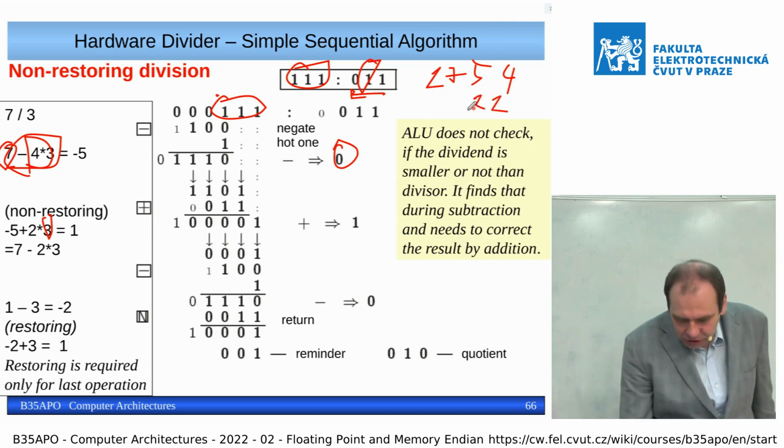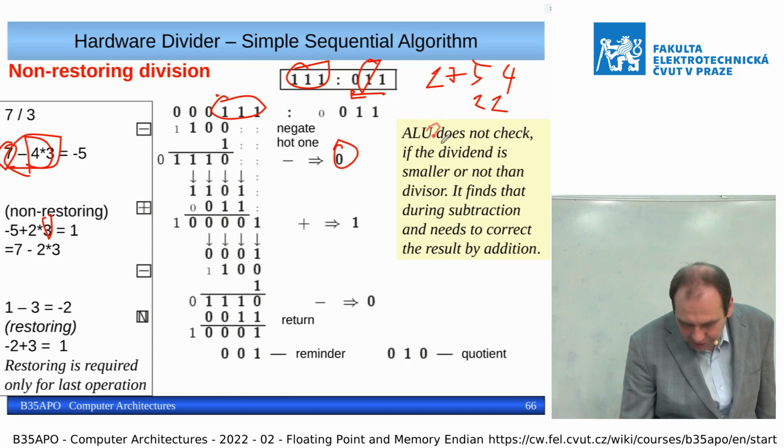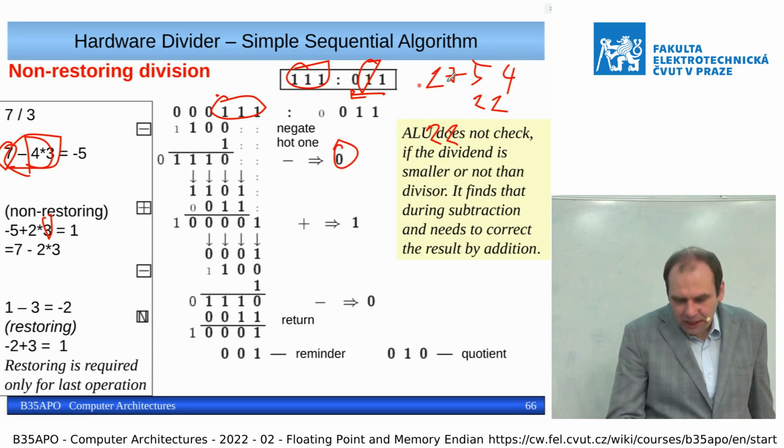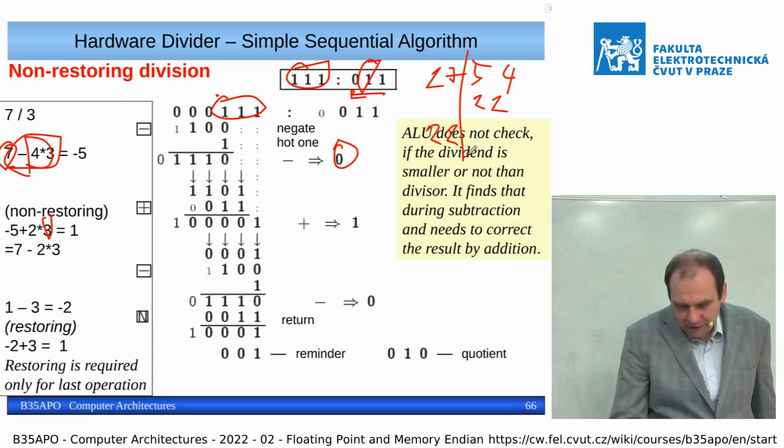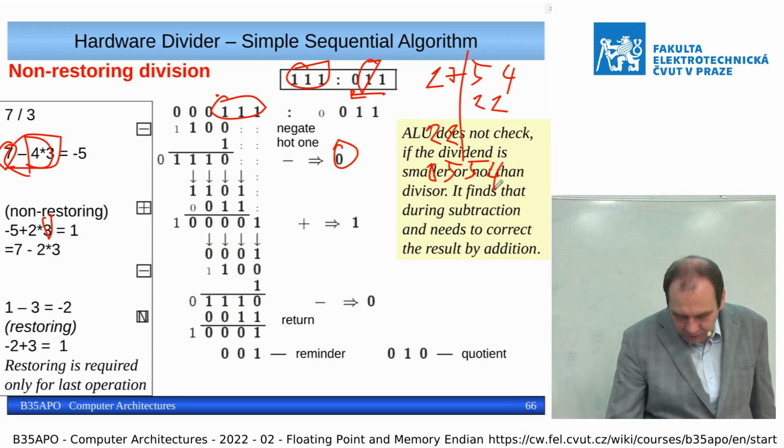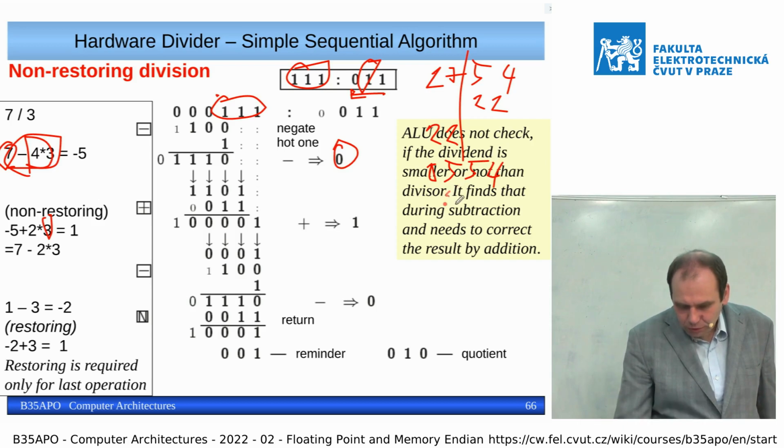We first shift the 22 to the left, 22, and check. Can we subtract 22 from 27? Yes. In this case, it is 0 and 5. And 5, 4. We try to subtract again 22, or divide by 22. In the decadics, it is not only subtract, we need to divide.